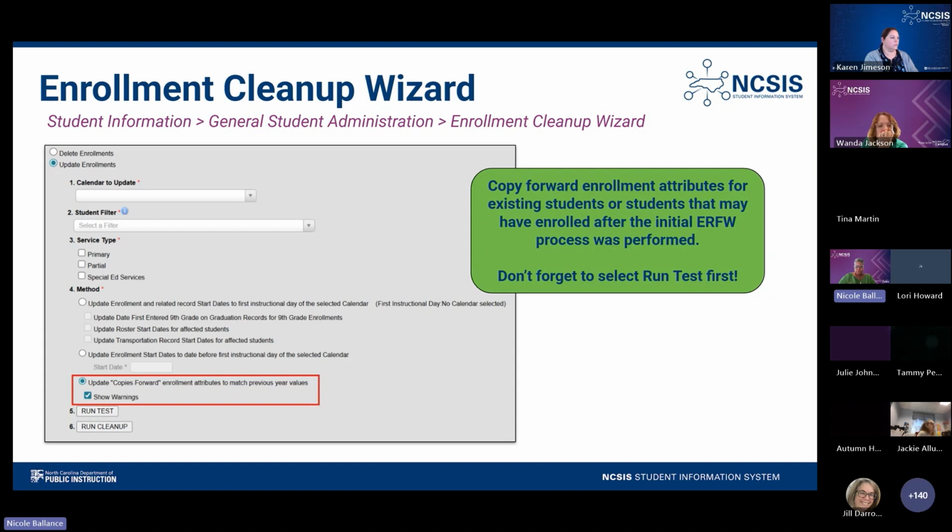You can come to the cleanup wizard and copy forward those enrollment attributes for any existing students that may have been missed the first time, or any new students that may have enrolled after that initial process was run. And again, as a reminder, don't forget to click the run test first to see those students who are going to be impacted by the process before running the cleanup.